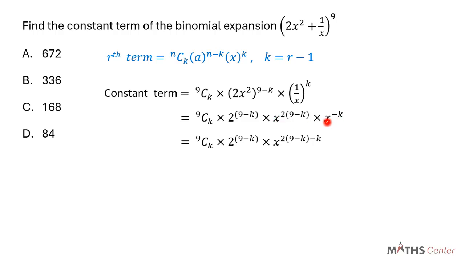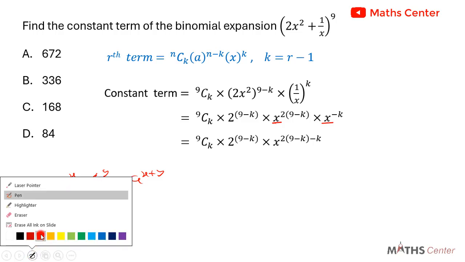They have the same base and they are multiplying, so we can add the exponents. From indices, we know if we have a exponent x times a exponent y, it can be written as a exponent x plus y. Here we have a base of x, a base of x. They are multiplying, and so we can add the exponents. If we apply this here, we are going to have x exponent 2 into bracket 9 minus k plus negative k. And that will give us x exponent 2 into bracket 9 minus k, minus k.